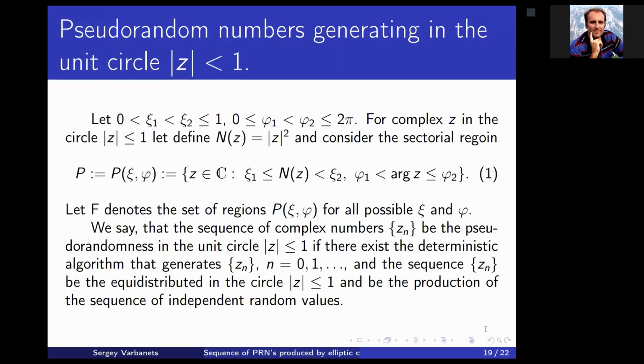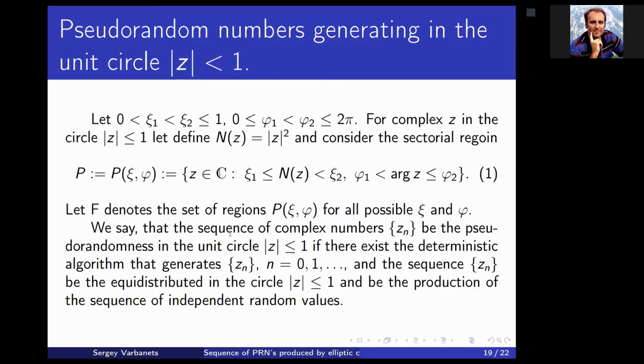Also, we have the following. For complex zeta in the unit circle, let's define n of zeta and consider the sectorial region as presented in 1. Let F denote the set of such regions for possible psi and phi.